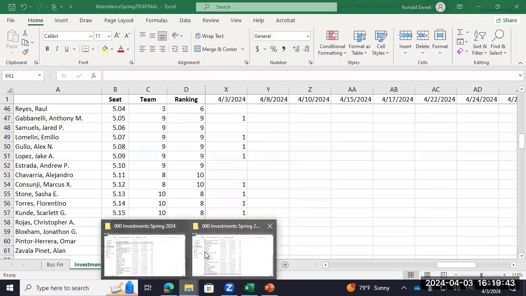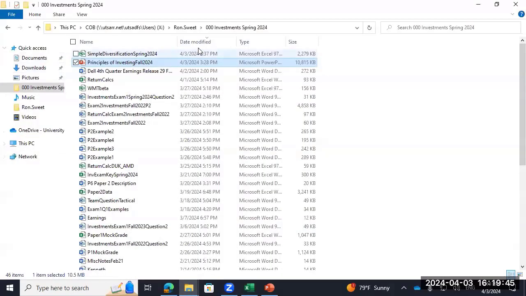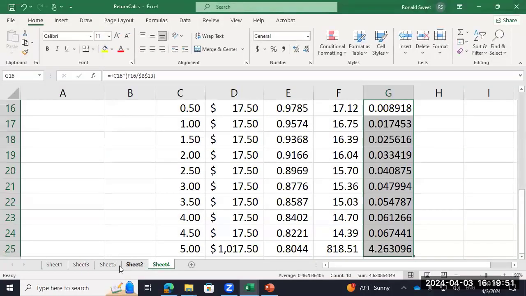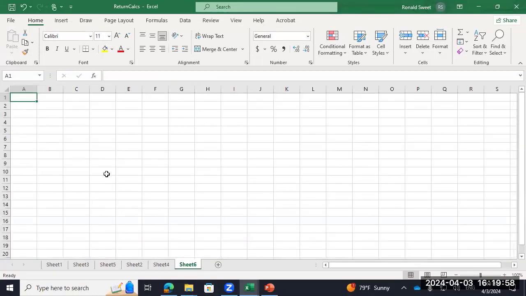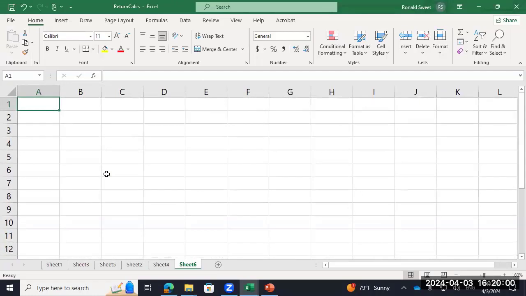So let's do some more bond valuations. Last class we did a treasury really fast. Let's do another treasury, just to get some practice here. On the exam, you're going to get a 2-year bond because you have to do it by hand, and I can't have you do multiple years.